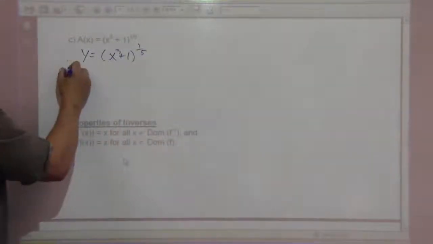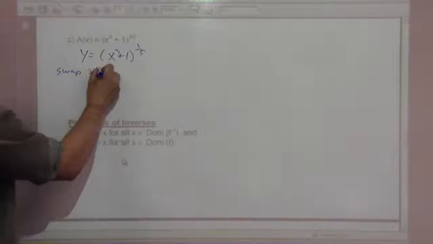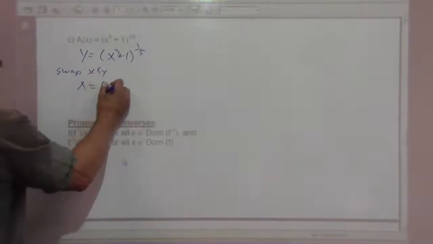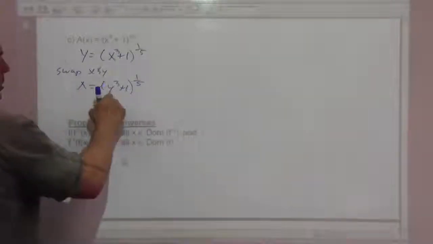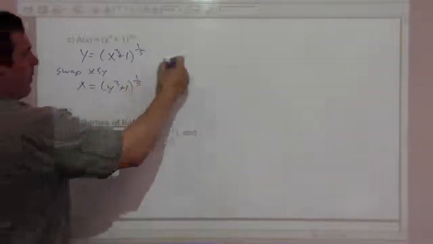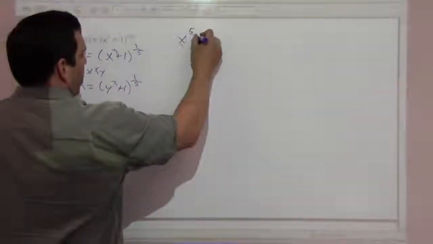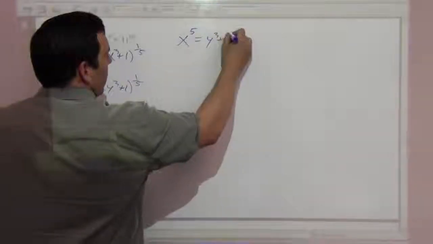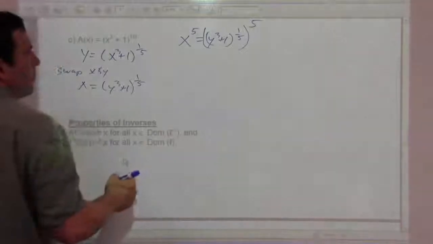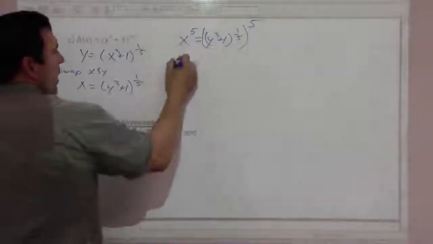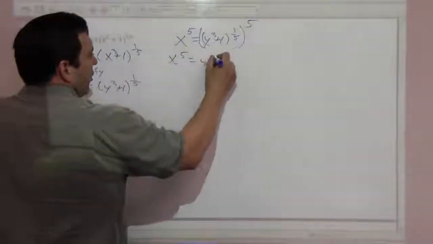Swap them. So x equals y cubed plus 1 to the 1/5. Now I want to solve for y, so I've got to undo this 1/5. So it'll be x to the 5th power equals y cubed plus 1 to the 1/5 being raised to the 5th power. So x to the 5th equals y cubed plus 1.